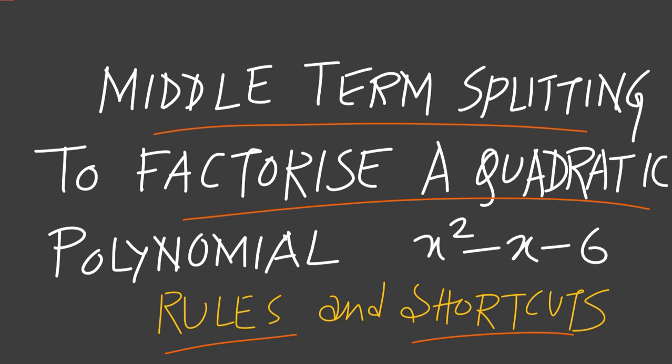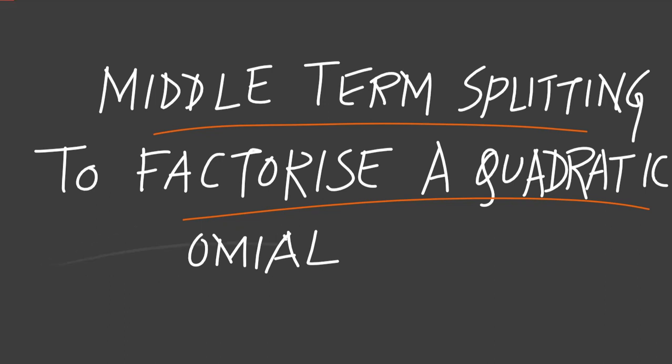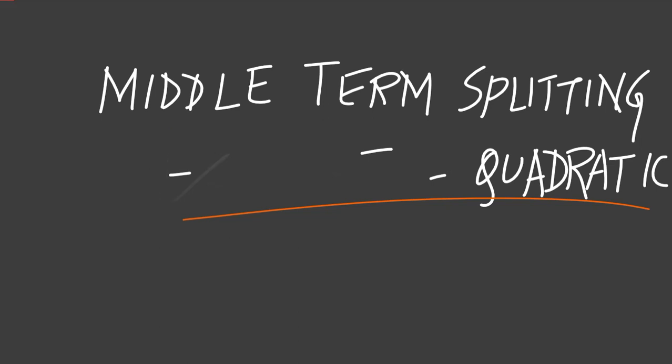in the fastest way to get those two numbers which on adding become the middle term, and on multiplying become the product of the constant and the coefficient of x square. Okay, so let's try it, and I will give you two problems so that you see what difficulties you face while doing the middle term factorization.